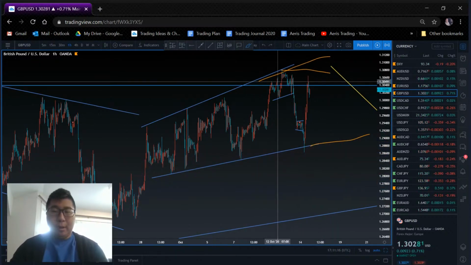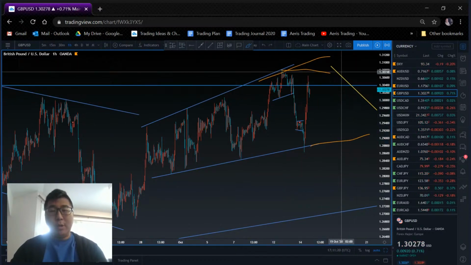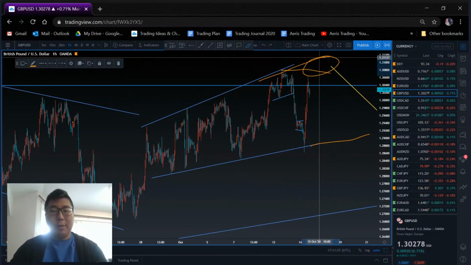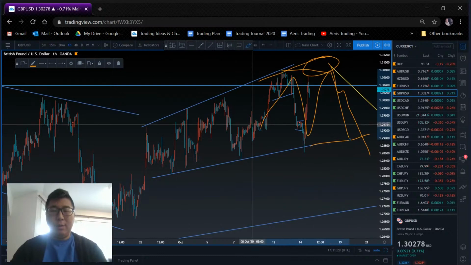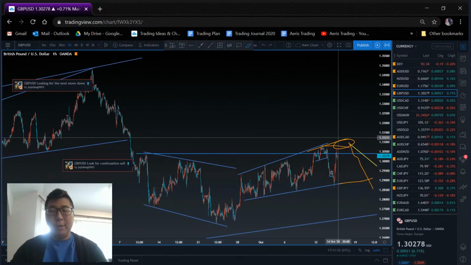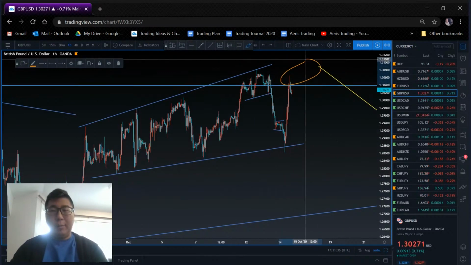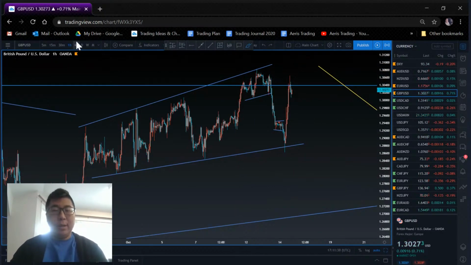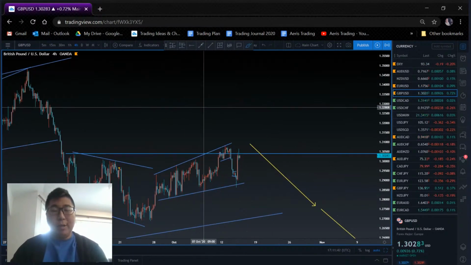So this is back to the top now, and we're still in this overall channel structure. We can still look for a potential reversal here to continue pushing the price down. We can make this kind of AM style pattern as well within this recent price action. You're at the top now, so this is all good to me, looking at what price will do in this area and seeing if we can get a price reversal.